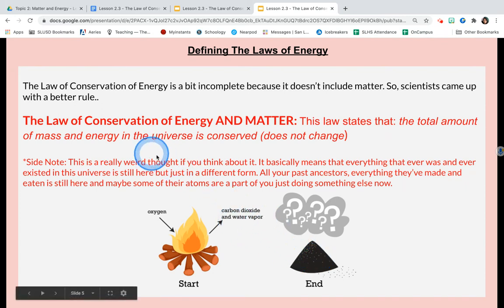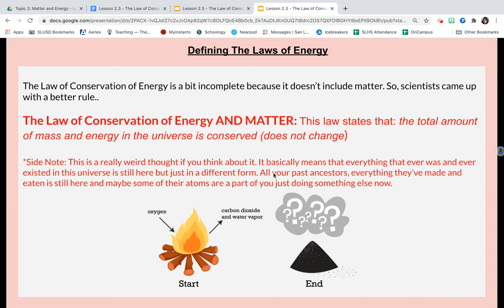So if you really think about this, this is kind of a weird thought, right? Or a weird rule of our universe. It basically means that everything that ever existed in this universe is still here, but just in a different form. So all your past ancestors, every single star in this universe, including our sun, all of the atoms that made up that stuff is also a part of you.